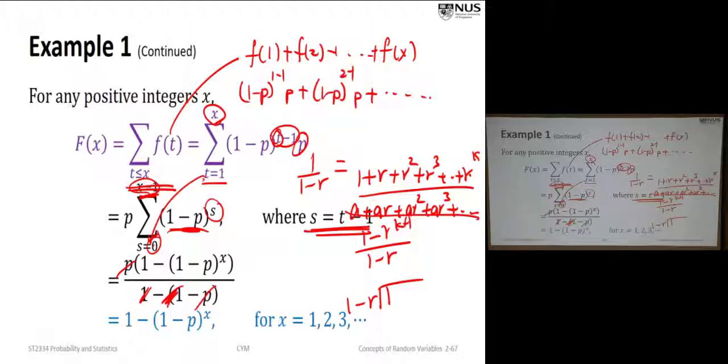I want to know what is f of x where x equal to 1.5? Can I use this formula? Can I put this as 1.5? No, because the derivation here is based on x being an integer.